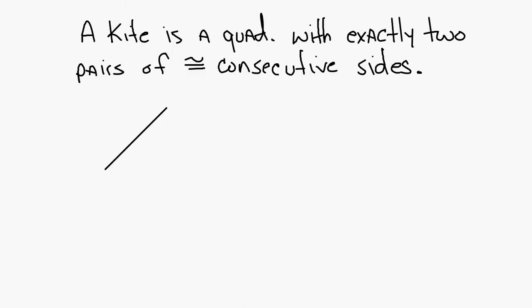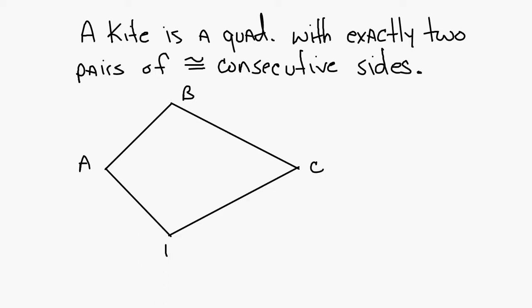And that diagram would look something like this: exactly two pairs of congruent consecutive sides. Consecutive sides means they're next to each other. So AB is congruent to AD, and BC is congruent to DC.